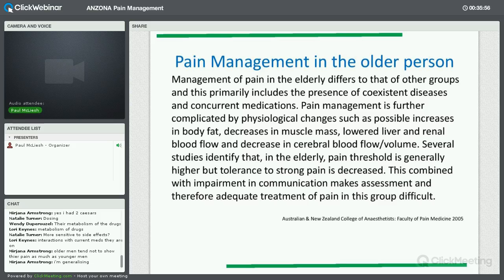That's some of the rationale behind that. But once they get to that threshold, then they suddenly don't tolerate pain well, and that's where we need to come in and make sure we're managing their pain really well.